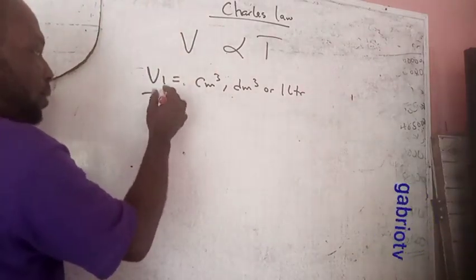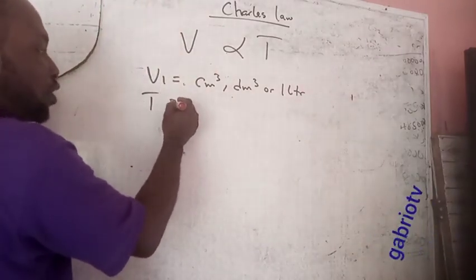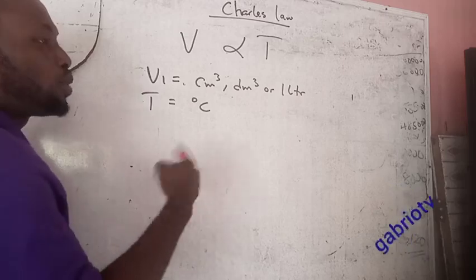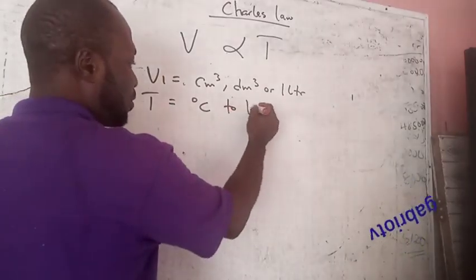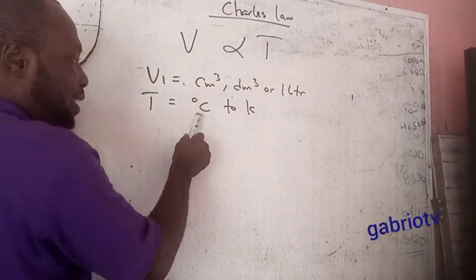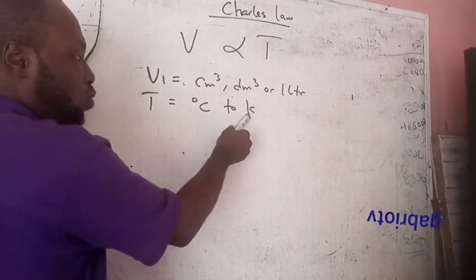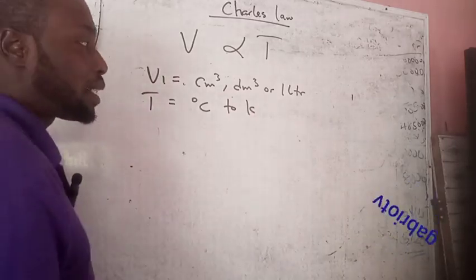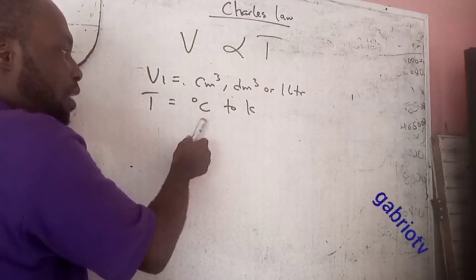But for temperature, either temperature 1 or 2, it is usually in degree Celsius, but needs to be converted back to Kelvin. So when they give us a question with temperature in Kelvin, you can just use it straight like that. But if you have a degree Celsius, it has to be converted.